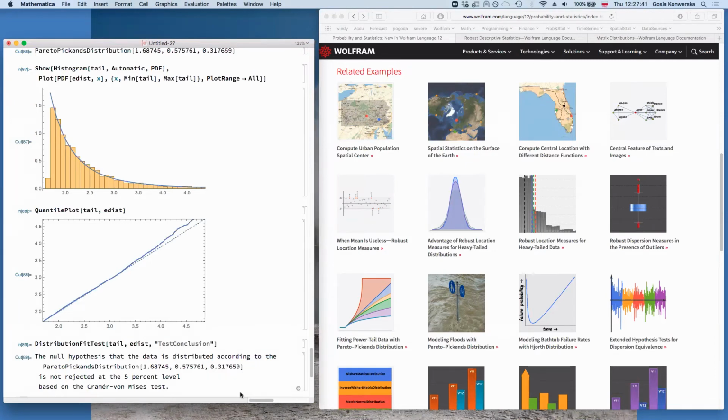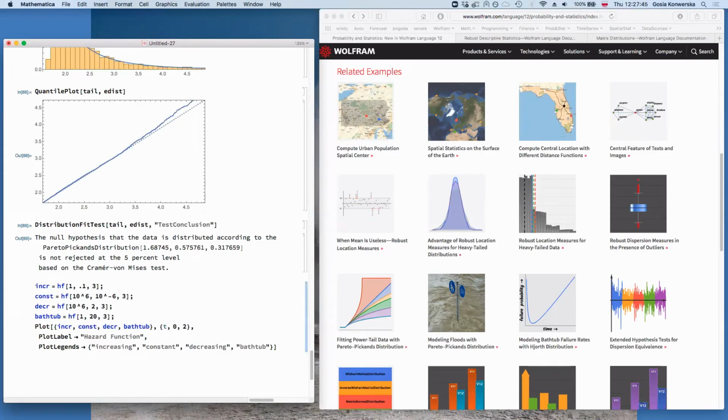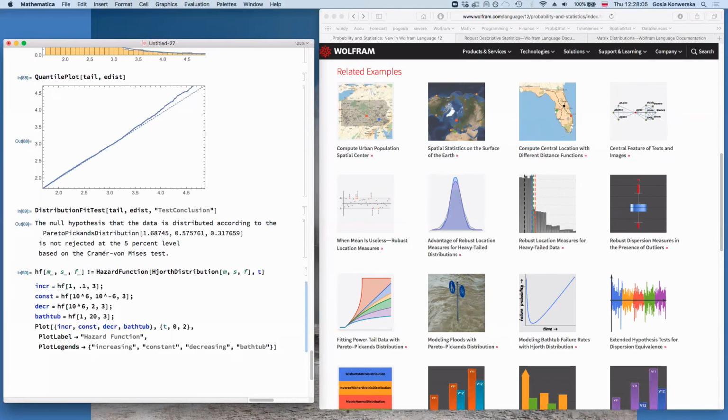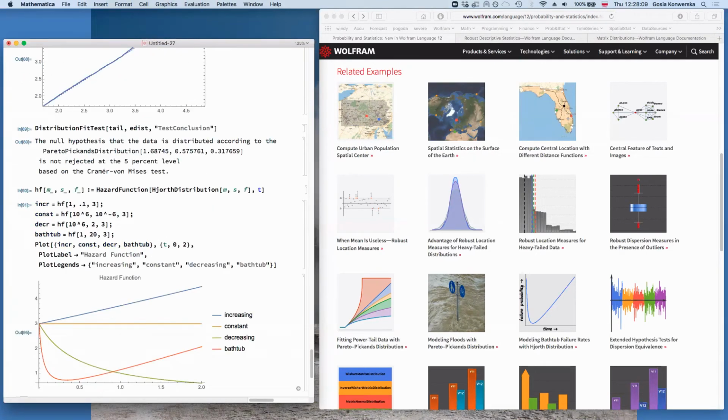Let's have a look. Define the hazard function for your distribution in terms of the parameters, and then define a few cases for some choice of parameters, so we can illustrate.